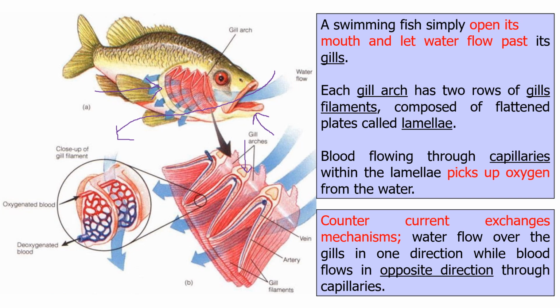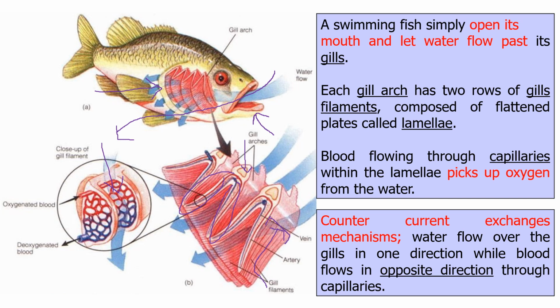So each gill arch has two rows of gill filaments. This one is composed of flattened plates called lamella. This one is lamella. And when you look into the lamella, inside the lamella consists of blood capillaries. So blood flowing through capillaries within the lamella picks up oxygen from the water.